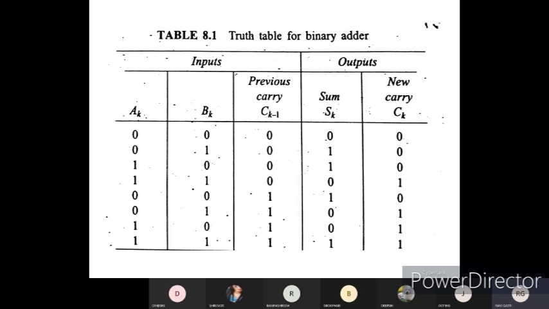In order to have a controlling mechanism and feasibility in the adder circuit, we have made use of Ck, that is, the previous carry pin. Depending upon this previous carry pin, we can generate the sum and carry also. So your input terminal Ck is represented as the previous carry pin. Okay, so this is the truth table for the 3-bit adder.